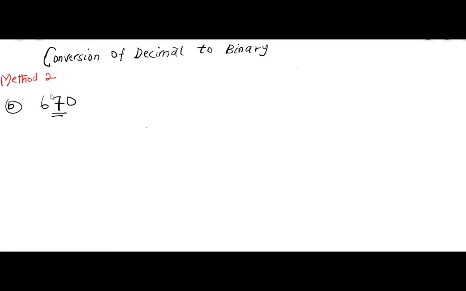Alright, so let's convert 670 to a number in binary using the second method. We are going to have 670 this way, then we will divide everything by 2. This method is just a successive division by 2.